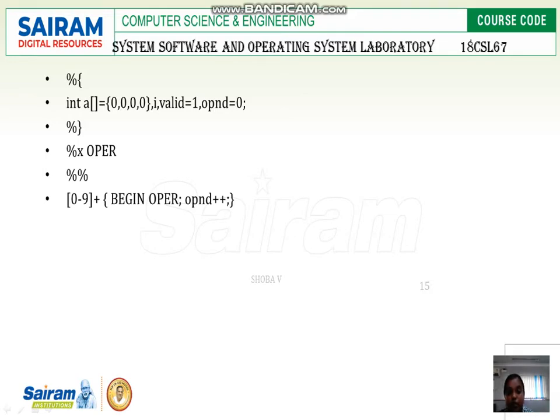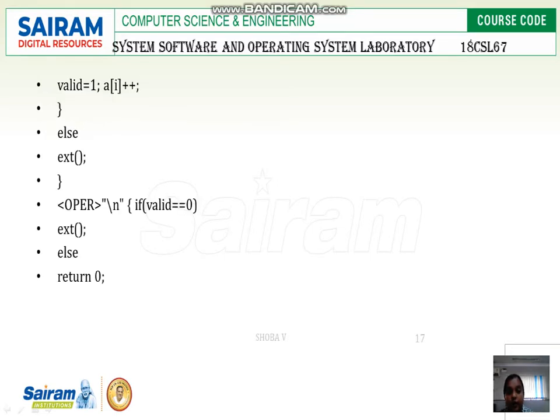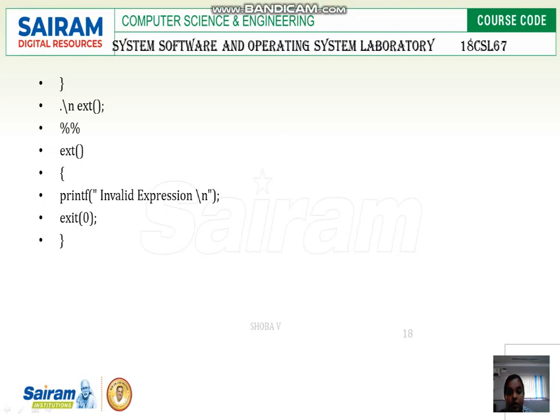And this is the regular expression: [0-9]+ is a regular expression, and this is followed by the action. The same is done for all the rules. We use the condition: if valid equals 0, then we increment, and we assign valid equal to 1, else we assign 0. Otherwise it is an invalid expression.